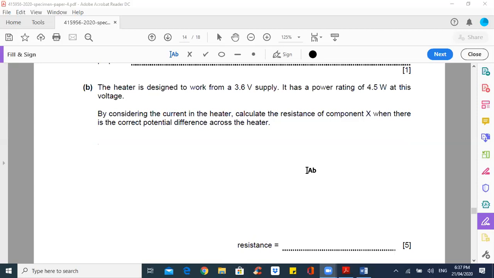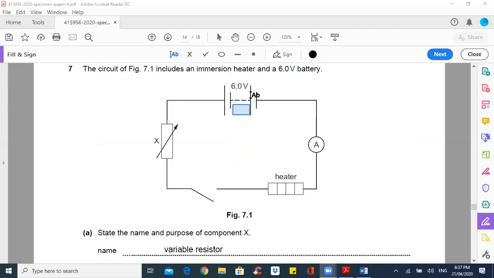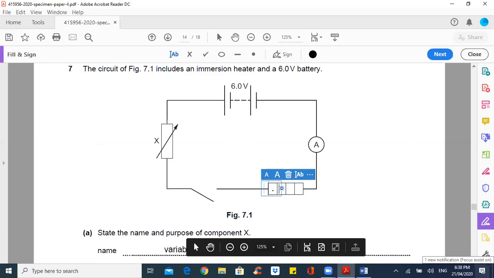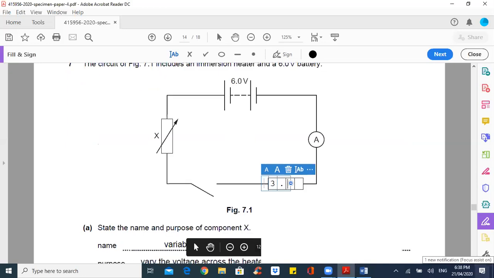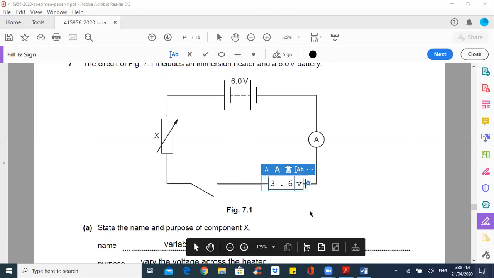the heater is designed to work from a 3.6 V supply. So this must be 3.6 volts, right? I'm just going to put 3.6 volts in. If it has to work from 3.6 volts, how much voltage is going to be across here?